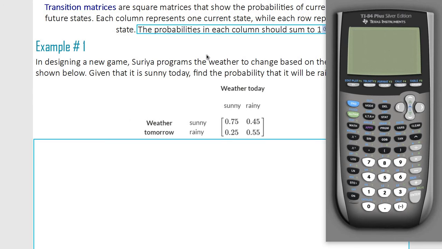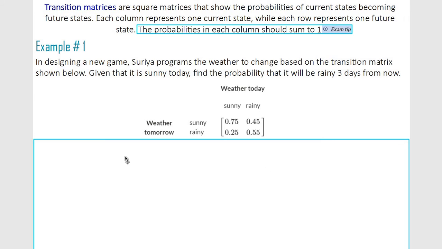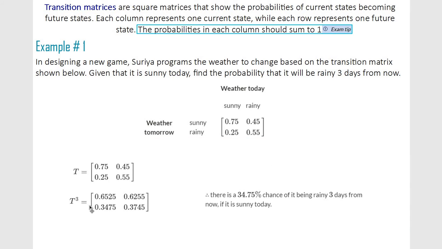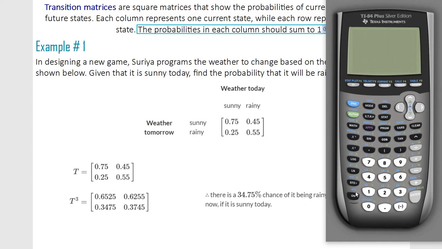And then we want to find 3 days from now, so all we need to do is multiply it 3 times. We can take our matrix and raise it to the 3rd power. And there we have our new matrix.